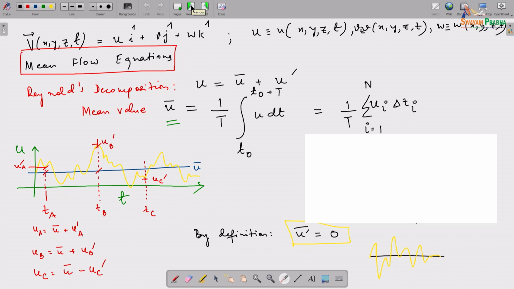This is actually T naught, and I had to start somewhere. Would you ask where T naught should be? Should T naught be equal to 0? This is time. So, if I start at different times, would the mean values be different? Would I see a different type of turbulence, or what is it?